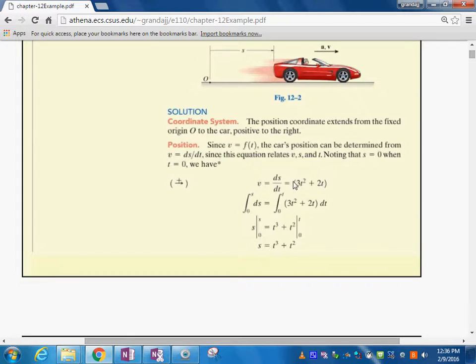If you're going to find the position, you integrate the velocity on both sides from 0 to t, and so you're going to have the result of the integration from 0 to t of 3t squared plus 2t.